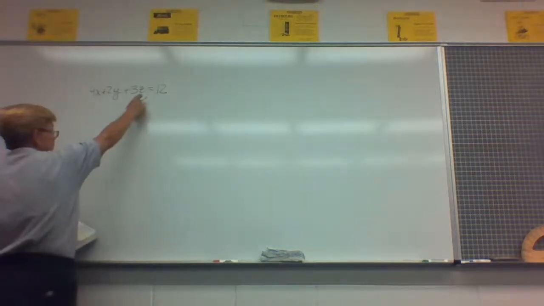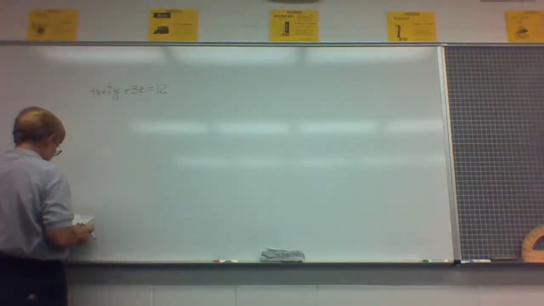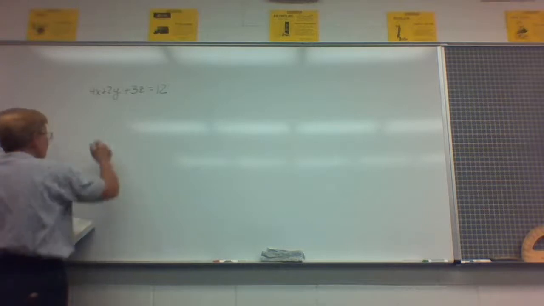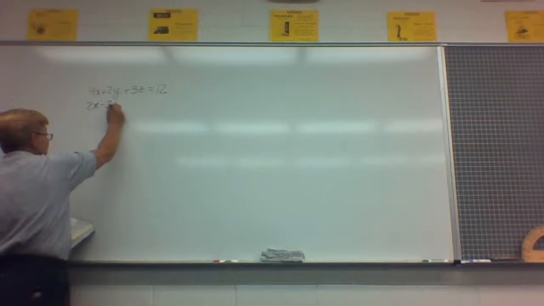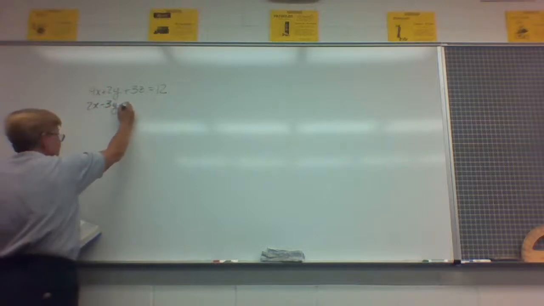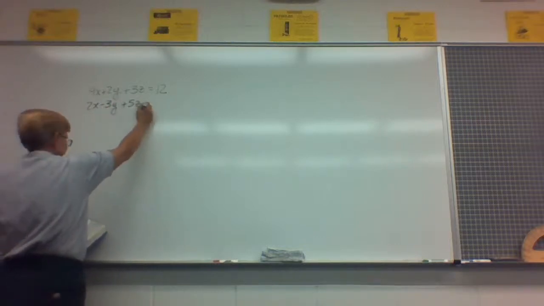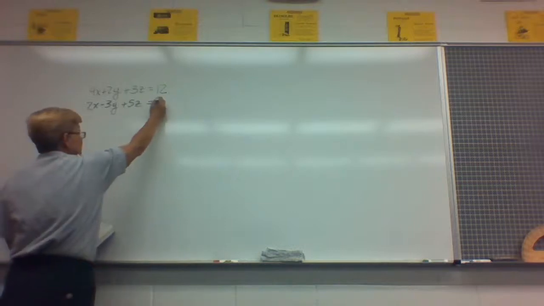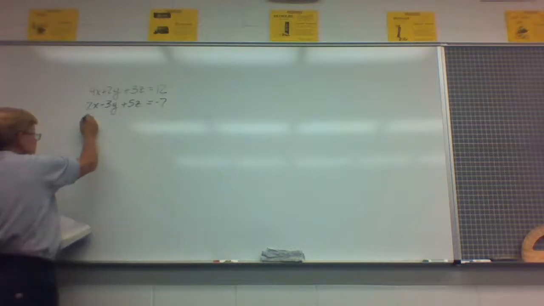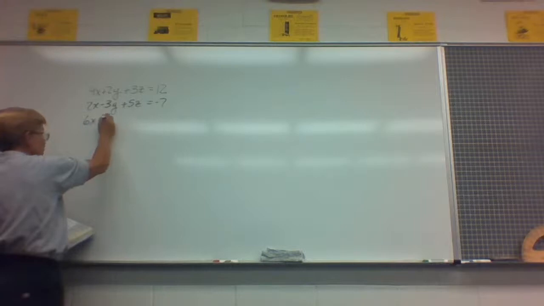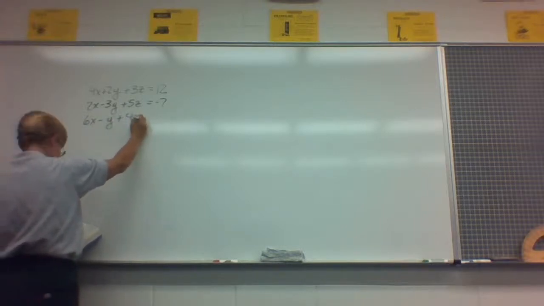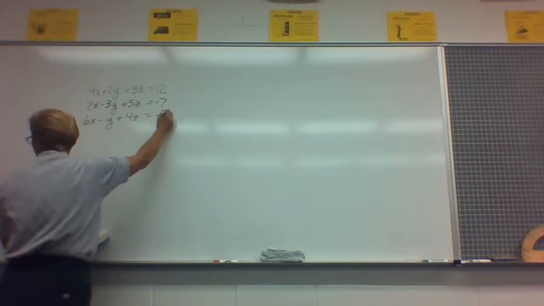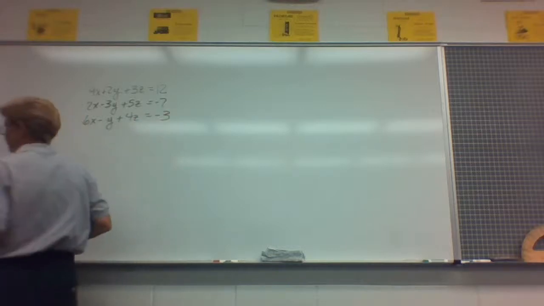If that's a variable, you can't tell your z's from your 2's, you better make a distinction. 2x minus 3y plus 5z equals -7. And 6x minus y plus 4z equals -3.